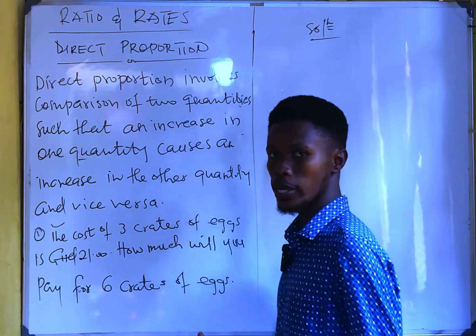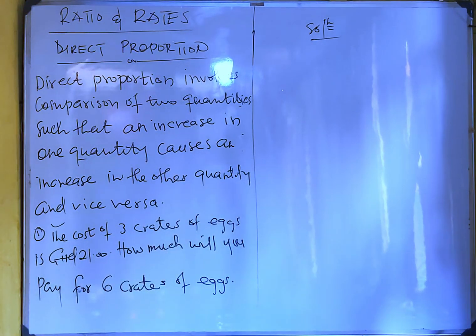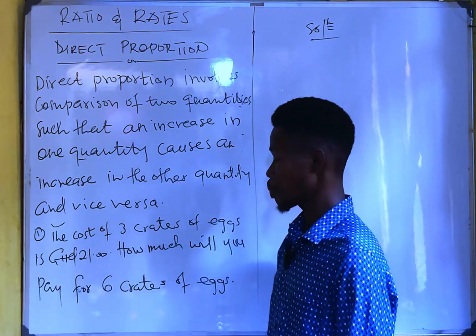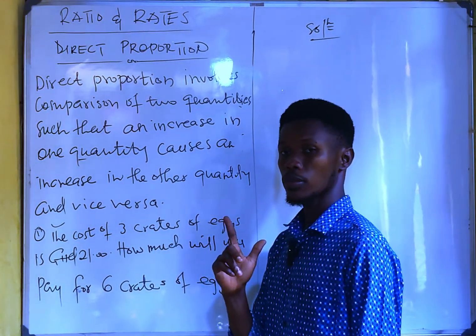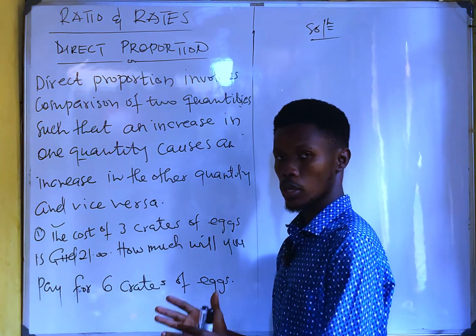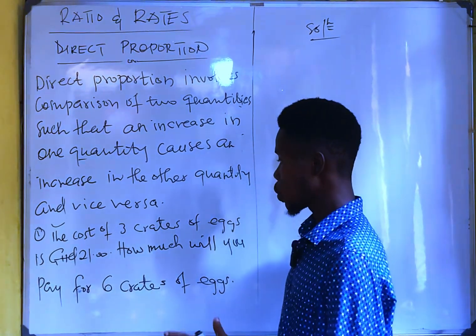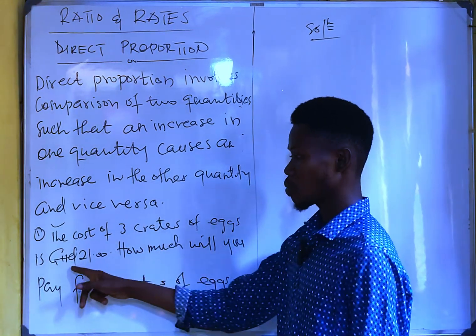Now, before I start this, I want to tell you this. When we were doing the ratio, I told you that you compare ratios of things that are similar. So in this case, we have crates here, then we have money.